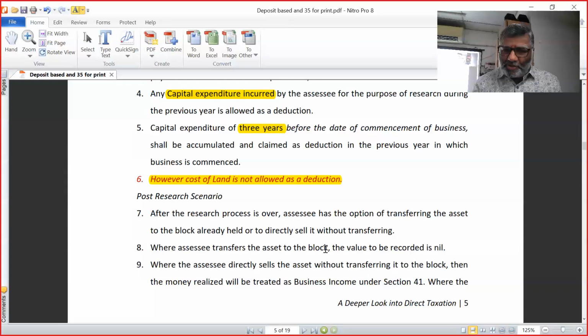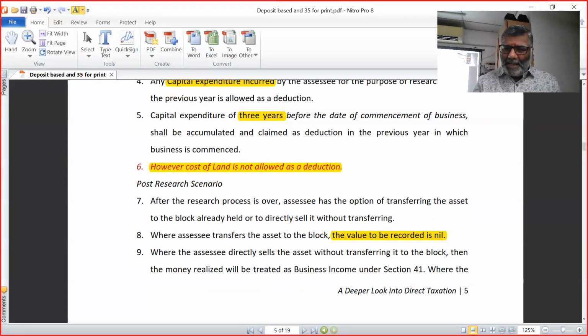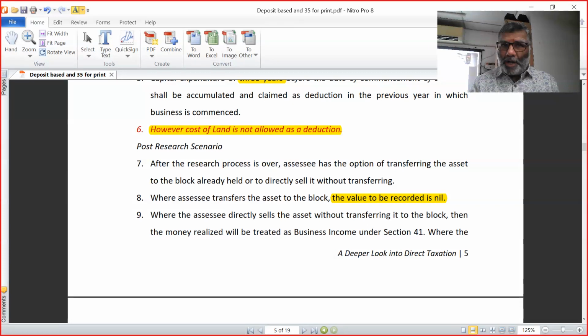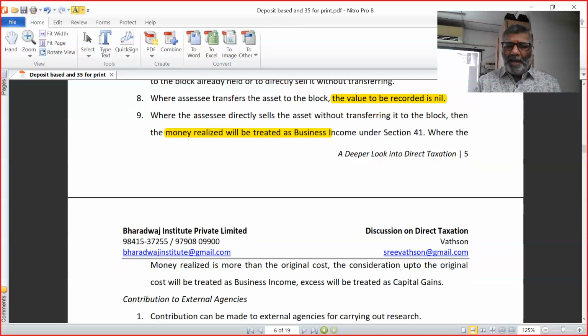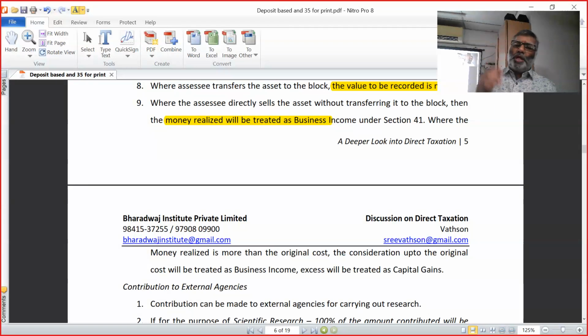Where the asset is transferred to the block, the value to be recorded is nil because you have already claimed 100%. Where the assessee directly sells the asset without transferring to the block, the money realized will be treated as business income, section 41. Where the money realized is more than the original cost, then it is capital gains.